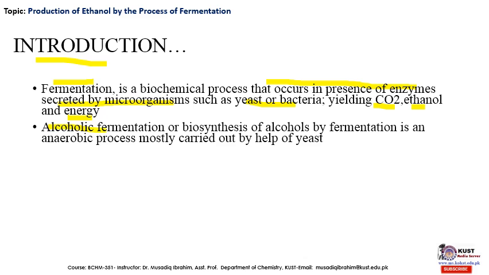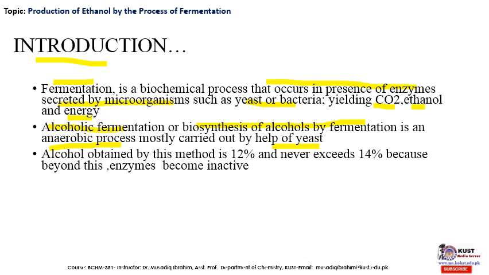Now the alcoholic fermentation or biosynthesis of alcohols by fermentation is basically an anaerobic process mostly carried out in the presence of yeast. So you can see that yeast has a very important role in the biosynthesis of ethanol by the process of fermentation.